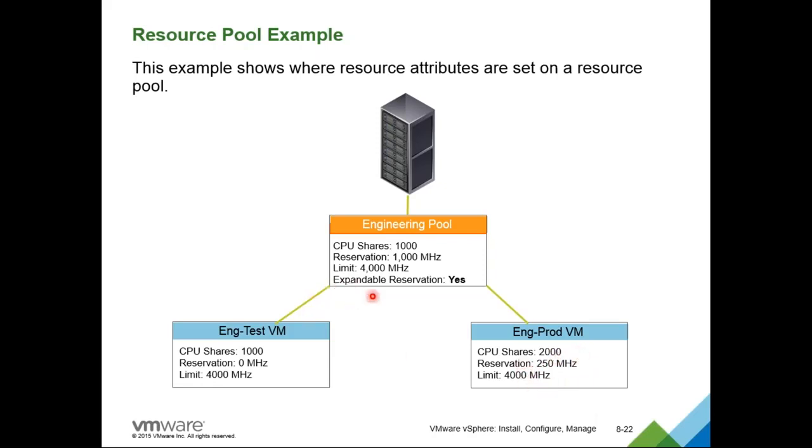That is the reason we selected expandable reservation. You can allocate whatever resource you require under your child pools, based on availability in your parent and child resource pools. Any questions?